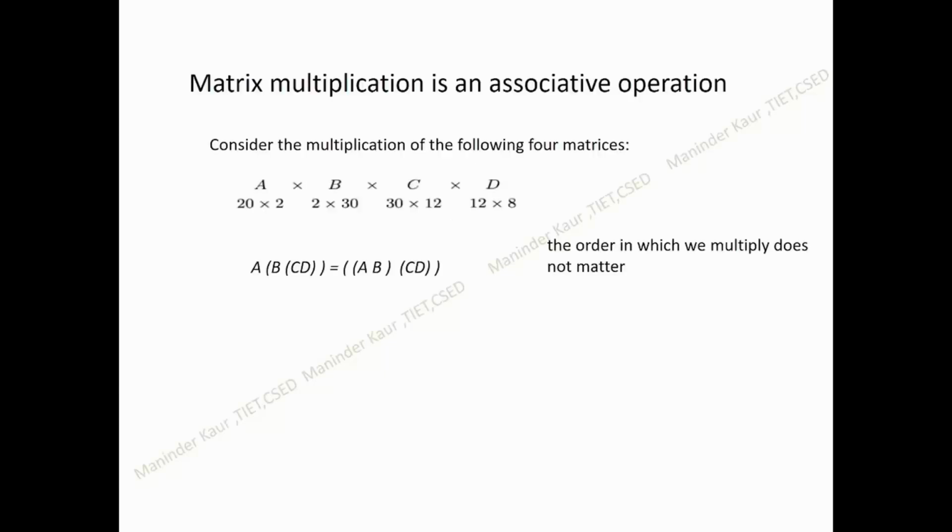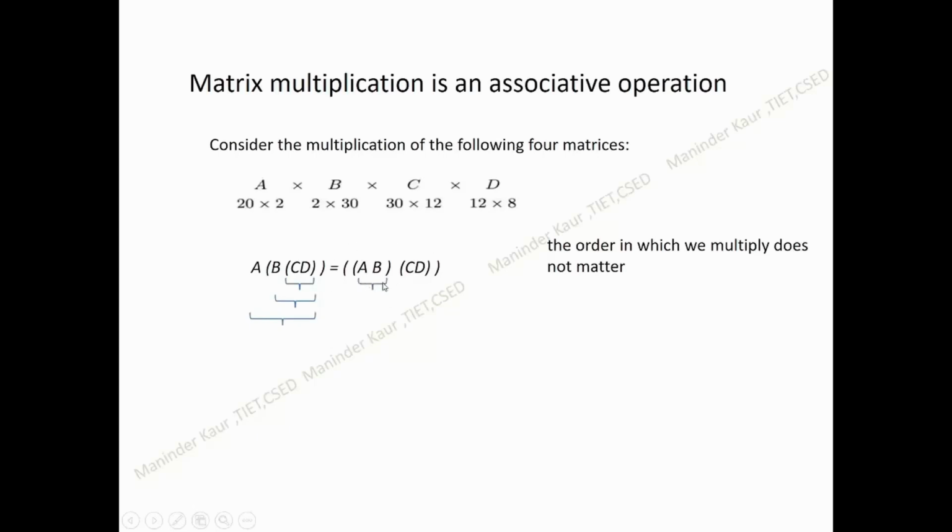Now, one more thing about matrix multiplication is that it is an associative operation. Consider this chain of matrix multiplication. If you multiply the matrices in this form or in this form, in both forms the answer is the same. Like if you first multiply C and D, then multiply the result with B, and finally with A, the result will be the same as that on the right hand side.